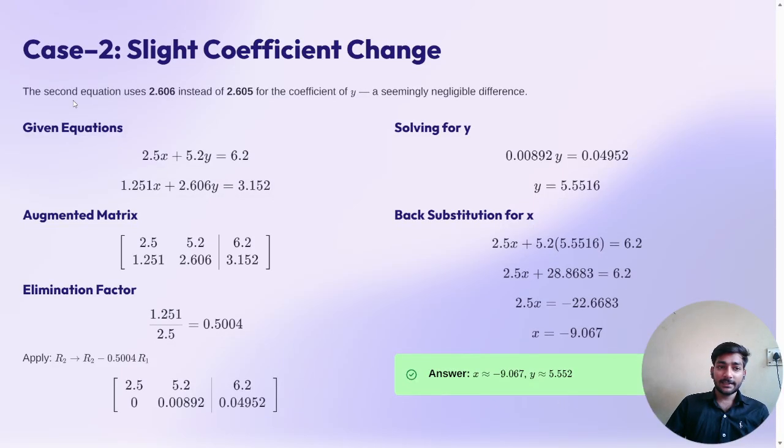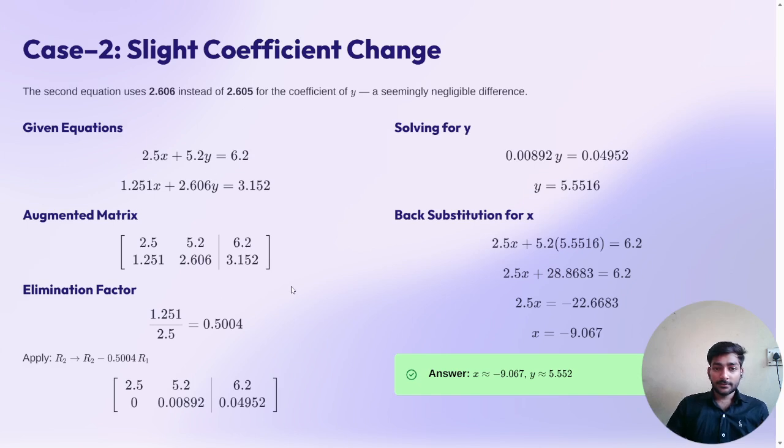Then in the second case, there is a slight change in the coefficient. The equation uses 2.606 instead of 2.605. If we see case number 2, there is a slight change in the value of q.